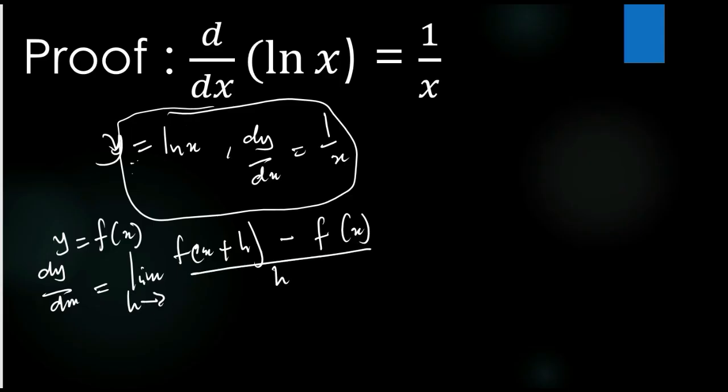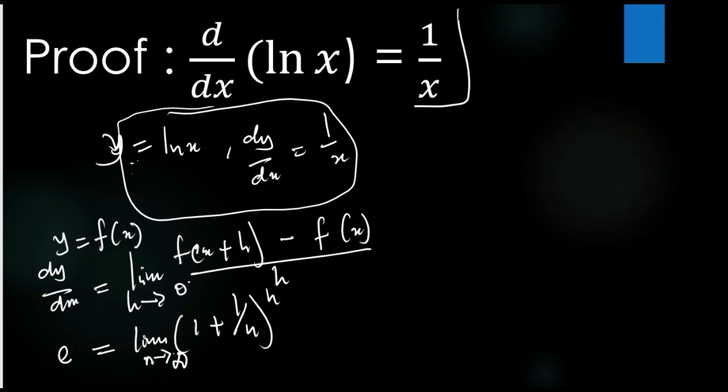I also want you to remember that e is given as the limit as n tends to infinity of 1 plus 1 over n raised to the power n. With these two basics, we'll keep them because they are basic assumptions that we'll use in the course of this proof.